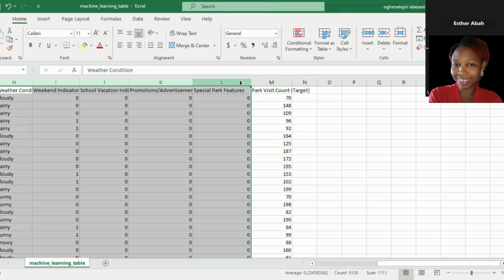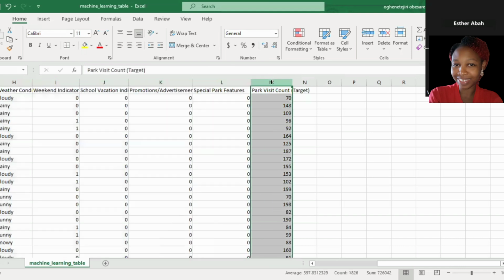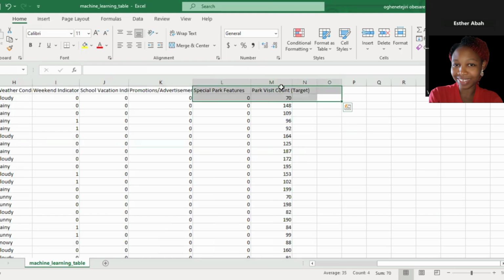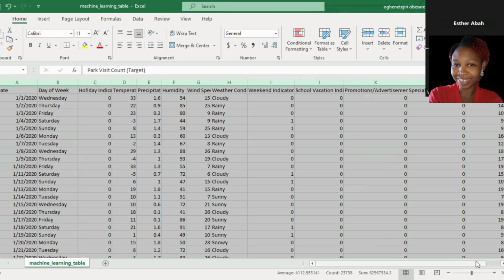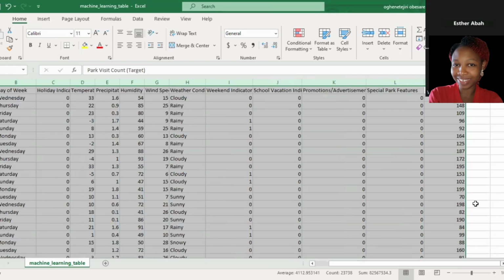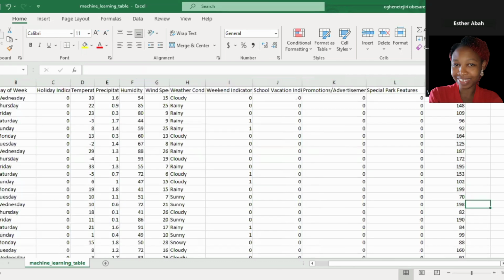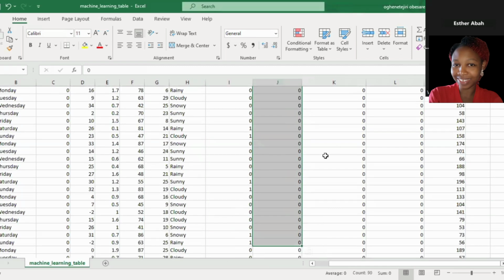So we're having 12 features under X. This M column is your Y. The whole data set from beginning to the end, including your target, everything, is now divided into two. 80% of the data set is for training the model. 20% is for testing the model.